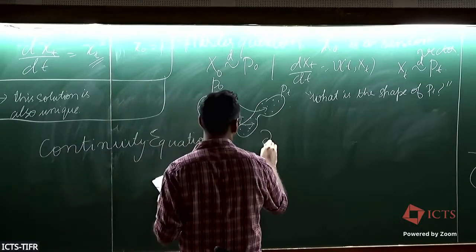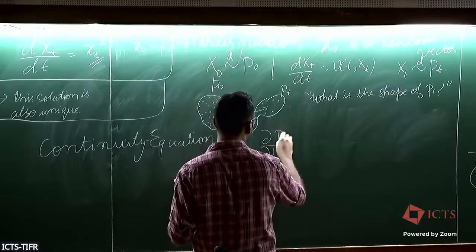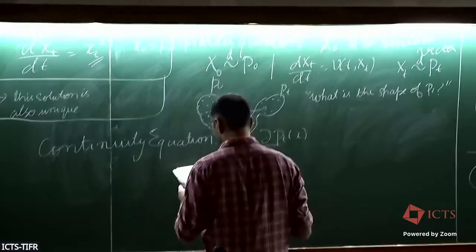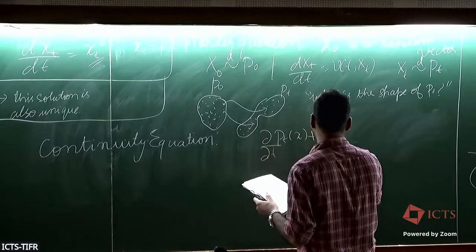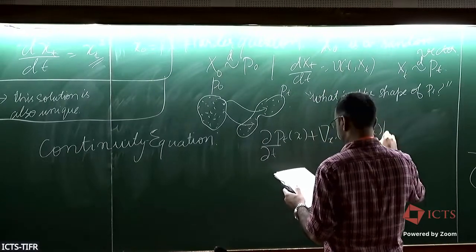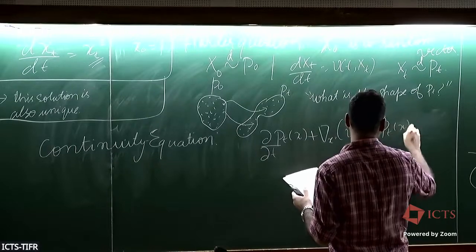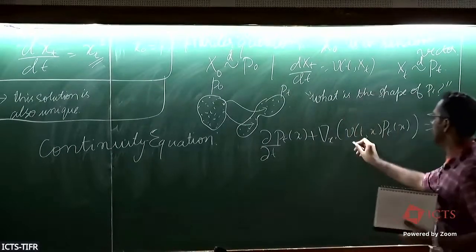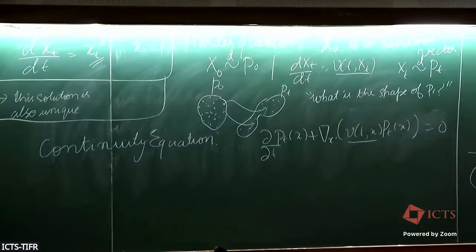You have the partial derivative of p_t(x) in t, plus the divergence in x of v(t, x) p_t(x), equal to 0, where v(t, x) is this velocity field. Do you know what a divergence is? If anyone doesn't, I'm happy to define it quickly.